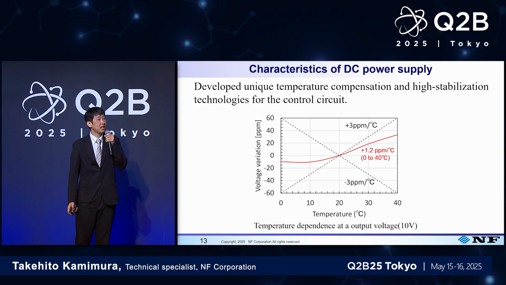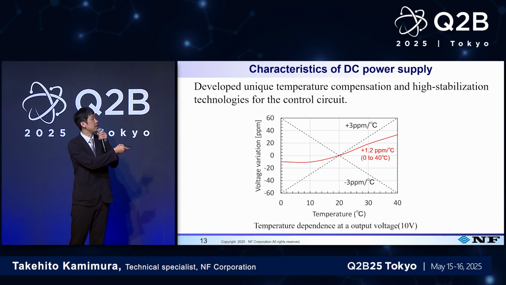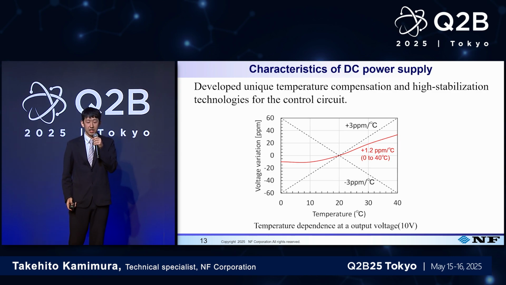Next, we worked on the temperature stability of the DC power supply. You see the temperature on the horizontal axis, and the output on the vertical axis. We have developed unique temperature compensation technology and highly stable internal bias circuit technology.